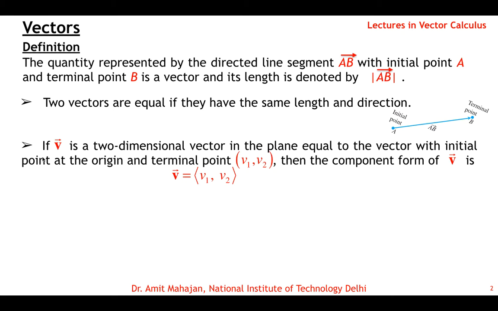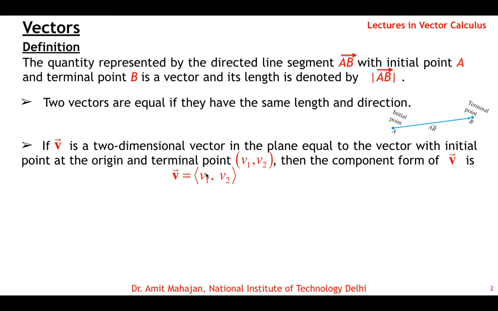If we have a vector v, a two-dimensional vector in the plane, with initial point at origin, that means in its standard position, and terminal point as an ordered pair v1, v2, then the components of vector v can be written as v1 comma v2.